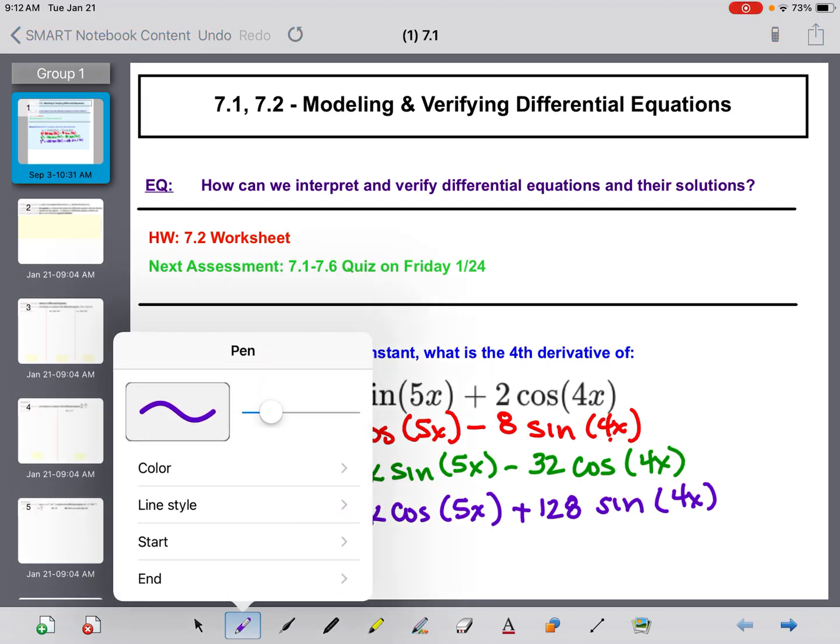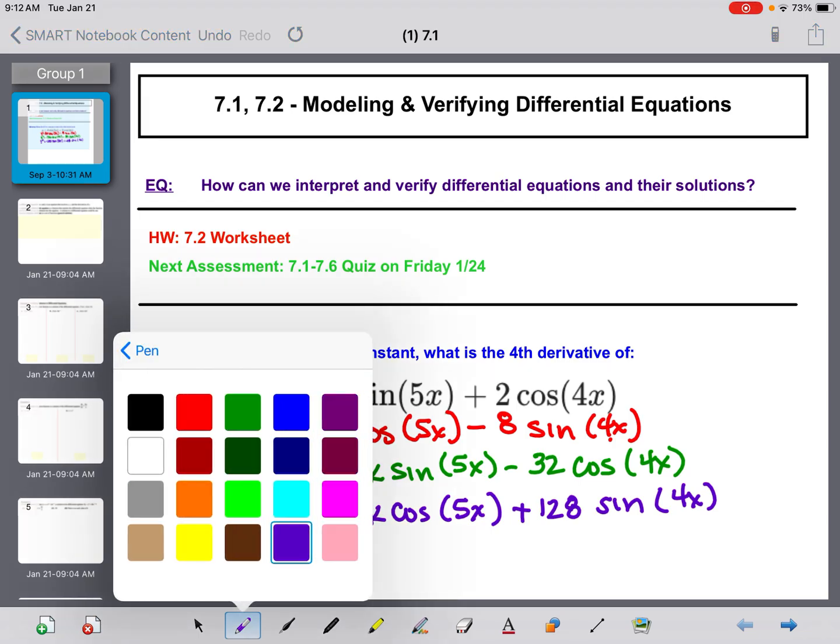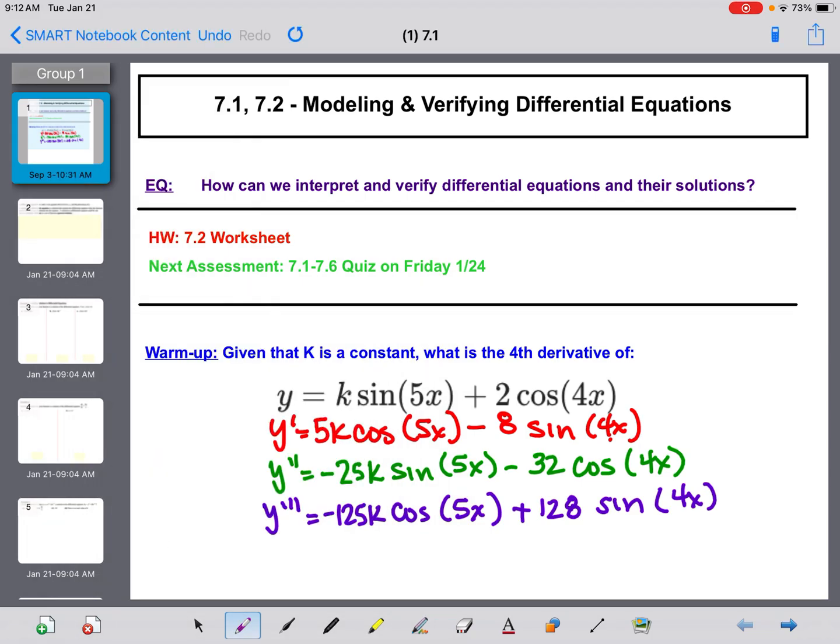All right, finally, last one. Fourth derivative. So derivative of cosine is negative sine, so this is going to turn to a positive. Sine of 5x, 125 times 5 is going to be 625k sine of 5x.